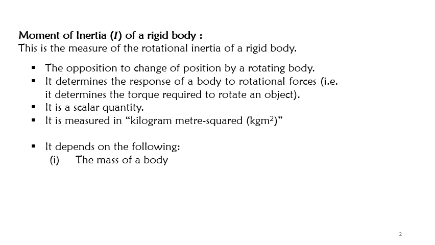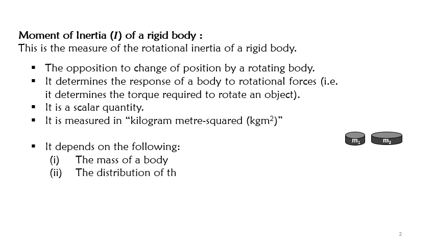Even if they are of the same shape, as long as they have different masses, the moment of inertia will be different. As an example, you have a body of mass M1 and a body of mass M2. As long as the masses are not the same, then the moment of inertia of the two bodies will not be the same.